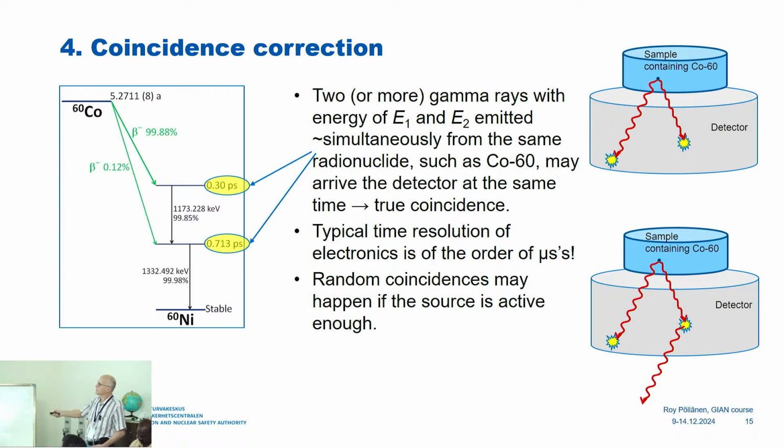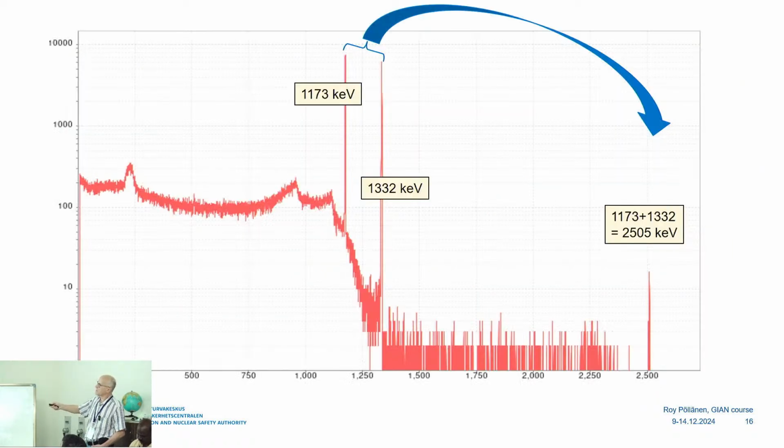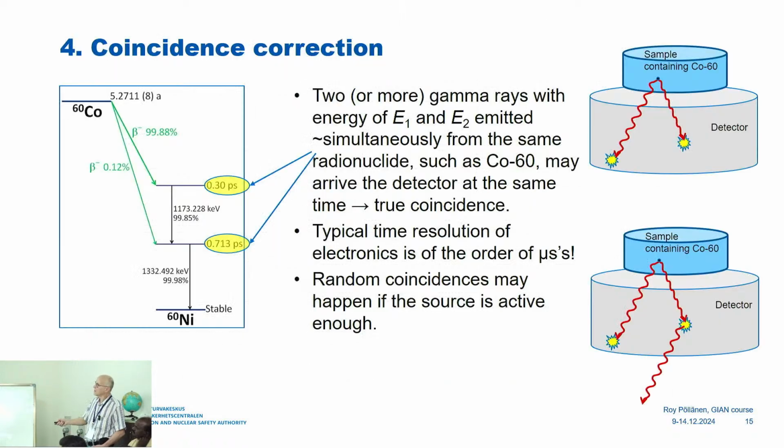So what happens is that the detector doesn't see that one, it doesn't see that one, it sees this one, 1173 plus 1332 is this. Okay, it might happen like this also.